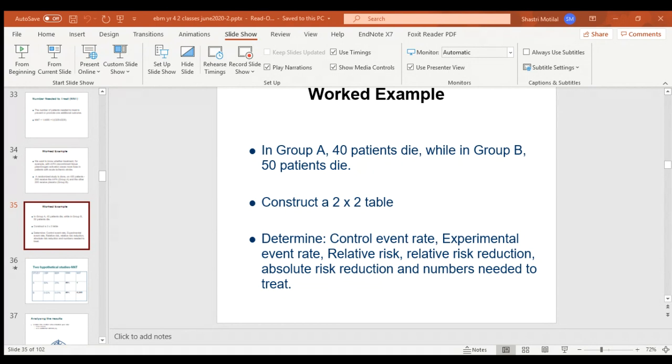So the answer to the question, what is considered a good NNT, is not something set in stone. I can't tell you all a good NNT is between 5 and 20, or a good NNT is less than 100. It depends on what the outcome is, and it depends on what the intervention is. Again, you all did screening, so I could relate to a screening example. The numbers needed to screen for breast cancer with mammograms is about, depending on the age group, between 500 and 1,000.